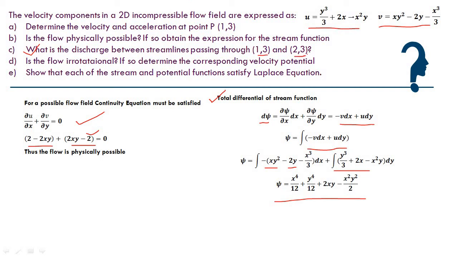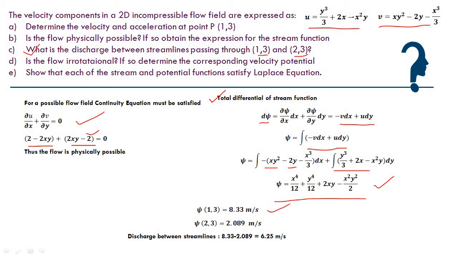For psi 2, you substitute x and y as 2 and 3 respectively. If you substitute x equal to 1 and y equal to 3, you will get psi at 1, 3 equal to 8.33 meter per second. Similarly at 2, 3, the value of stream function is 2.089 meter per second.